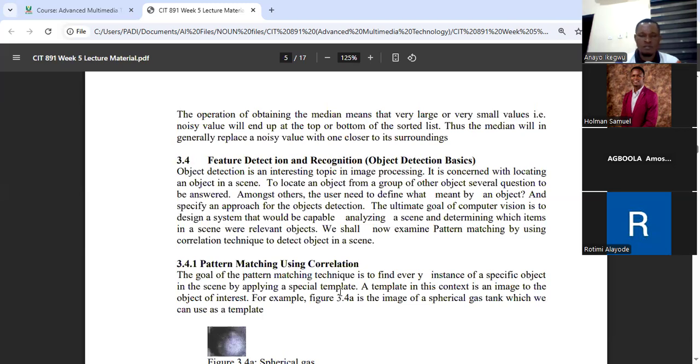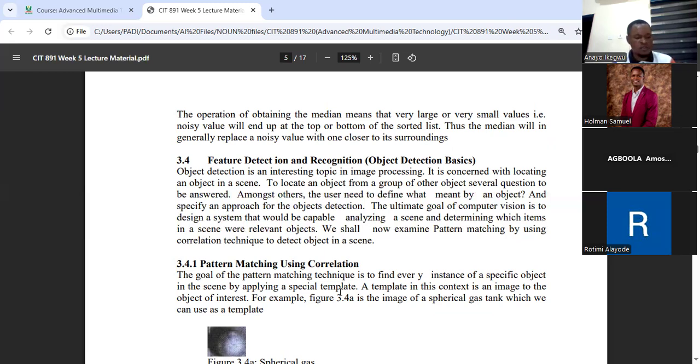We can progress by looking at feature detection and recognition. Generally, object detection. When you are talking about object detection, you use features to detect it. And it is a very important topic of discussion when image processing occurs.